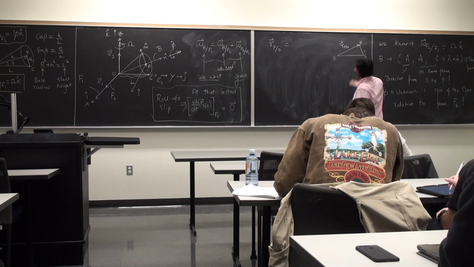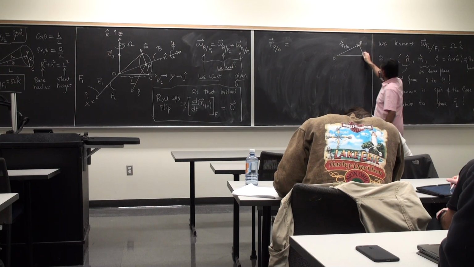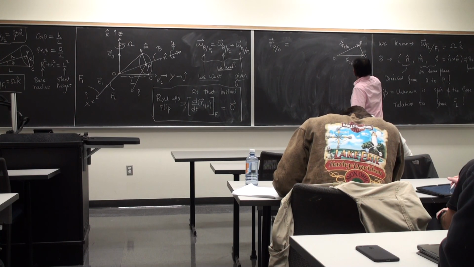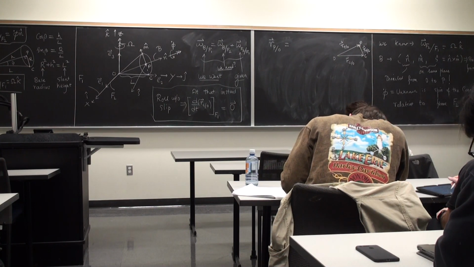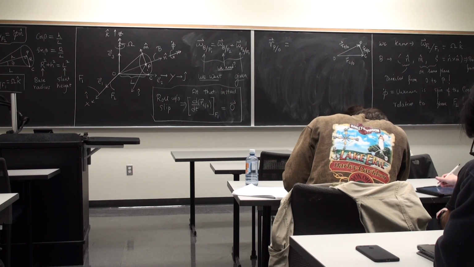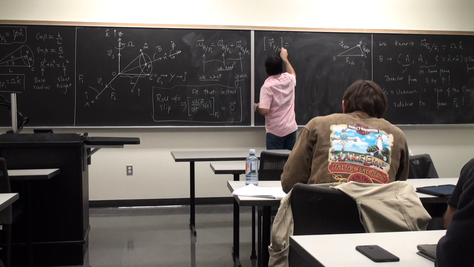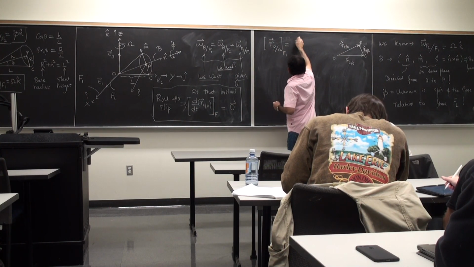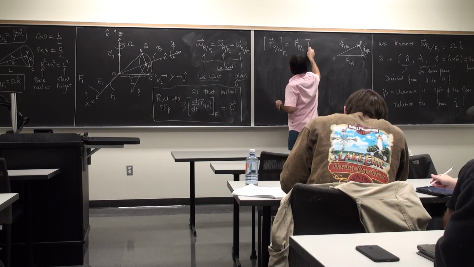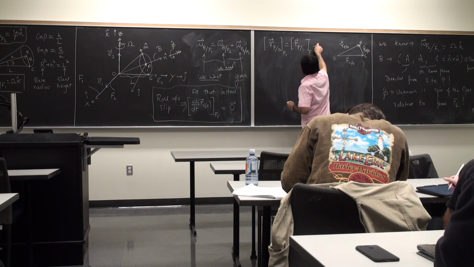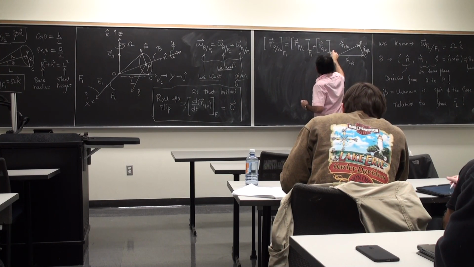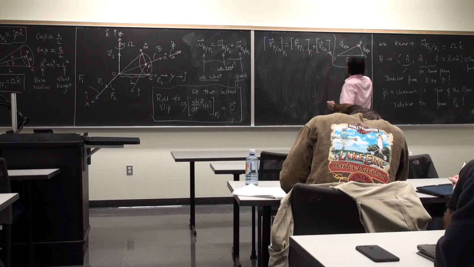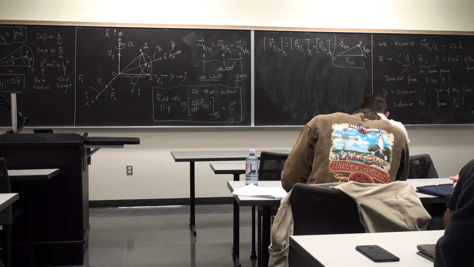R P slash O is R C slash O plus R P slash C. By doing this, I'm bringing all the frames into the picture. This is just basic vector addition.